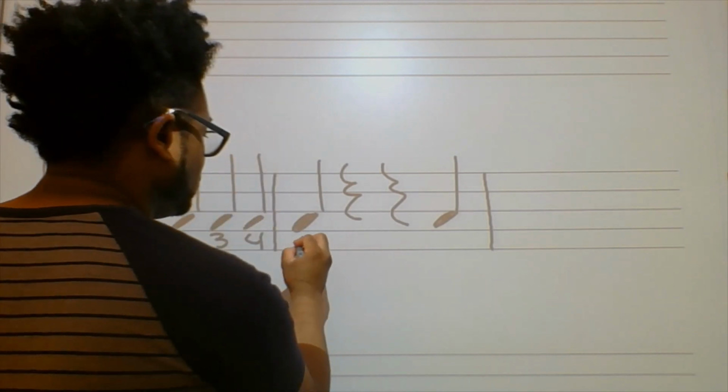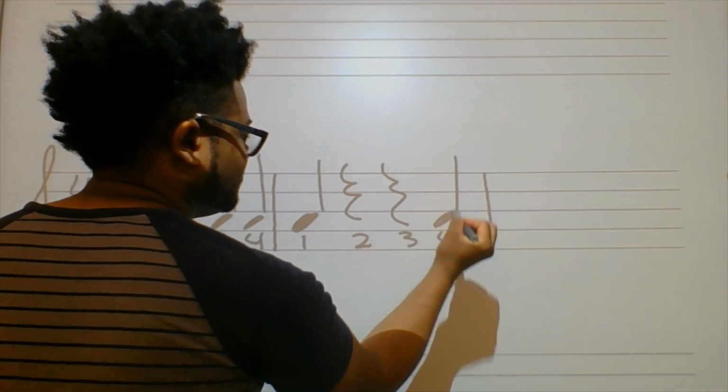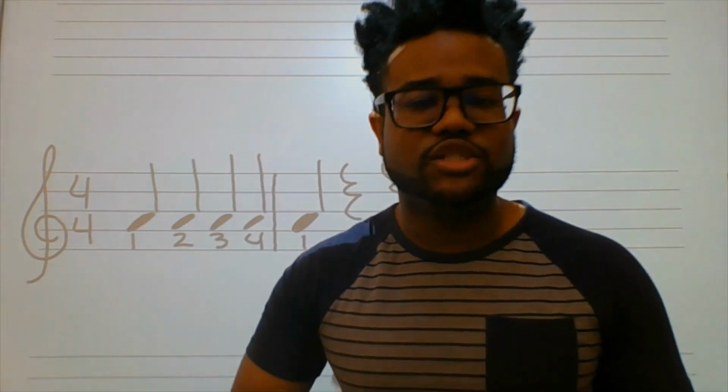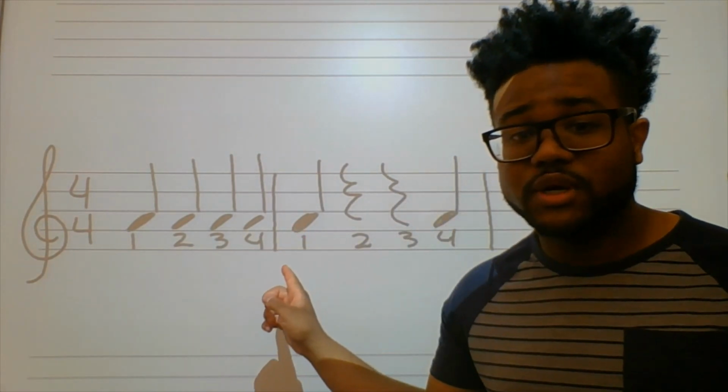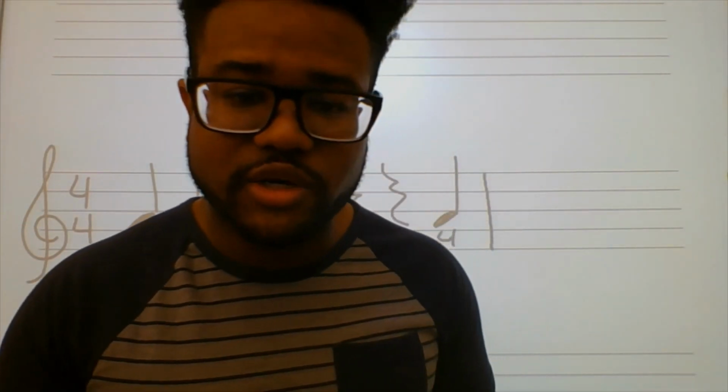Write in the counts. 1, 2, 3, 4. Now, as you see, what I did was when we went to a new measure, I wrote the numbers over again. When you get to a new measure, you start your counts over again.